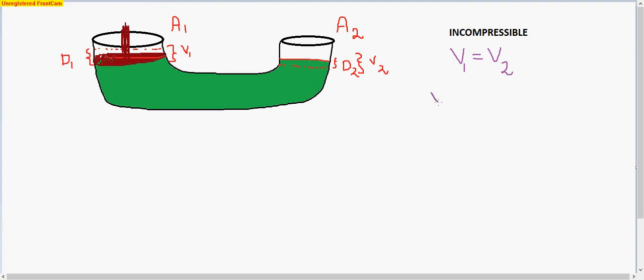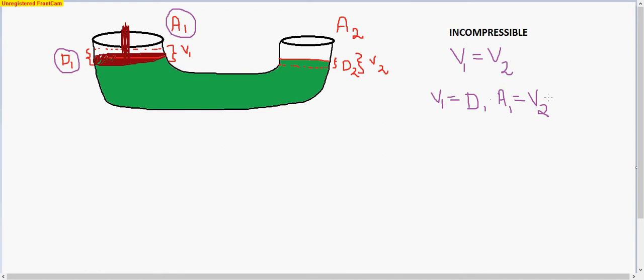Now what is this V1? As you know, volume of anything is equal to the base area into height. So this base area over here is A1 and the height is d1. The height pushed by the piston is d1, so V1 is equal to A1 into d1, which is equal to V2.